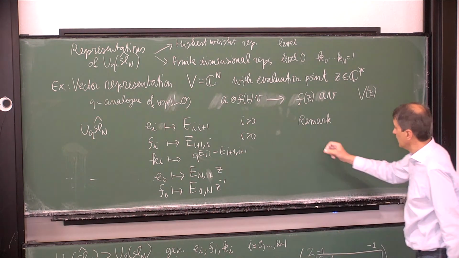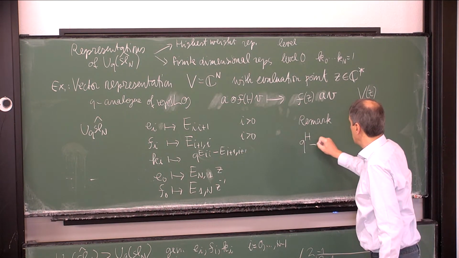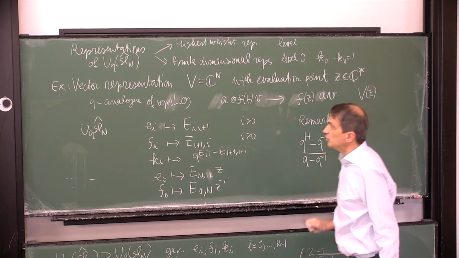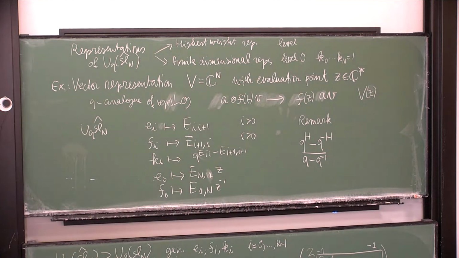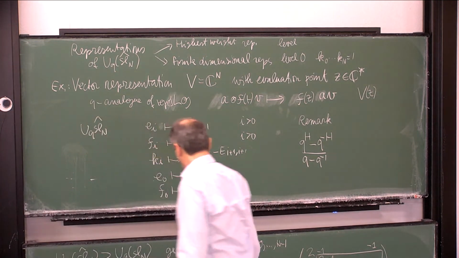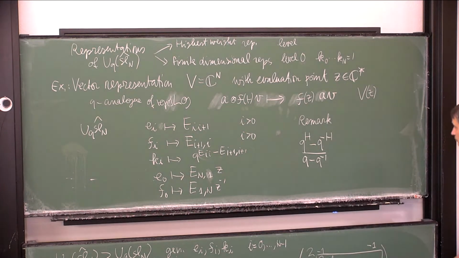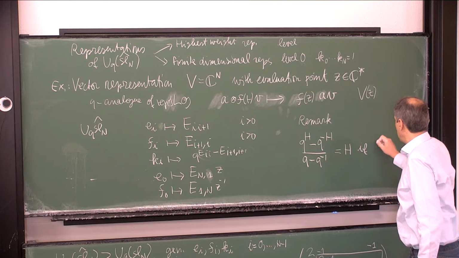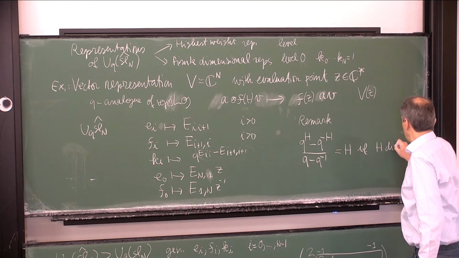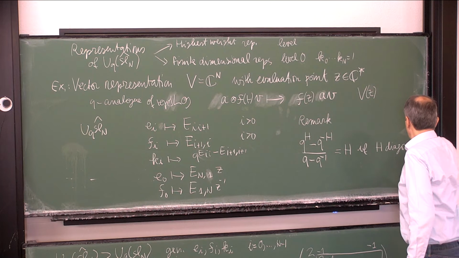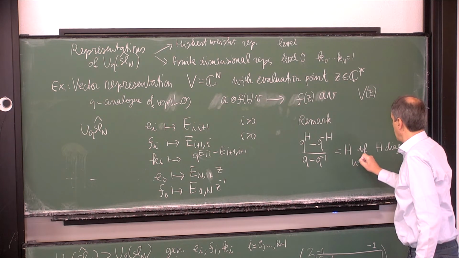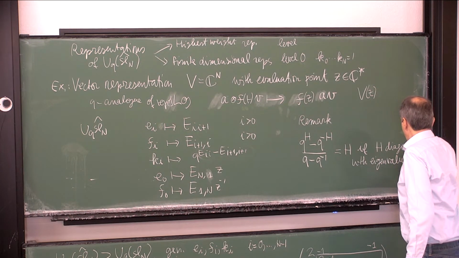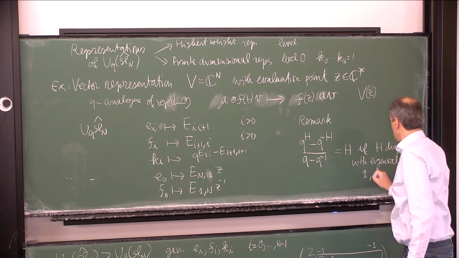The reason is that q to the H minus q to the minus H divided by q minus q inverse, which is the right-hand side of these commutation relations, also for SL_N here, is equal to H if H is diagonalizable with eigenvalues one or minus 1.